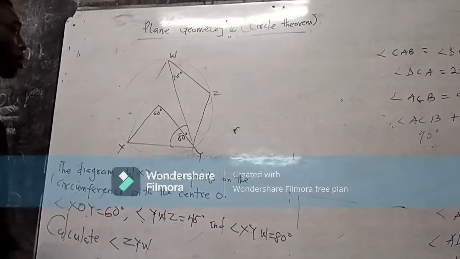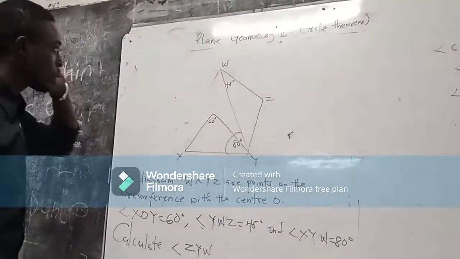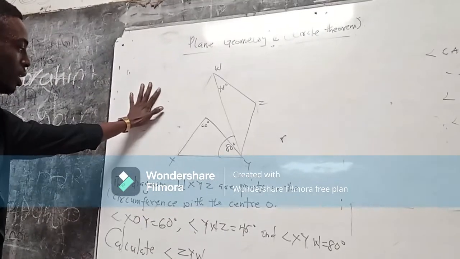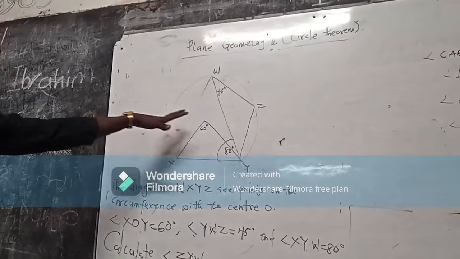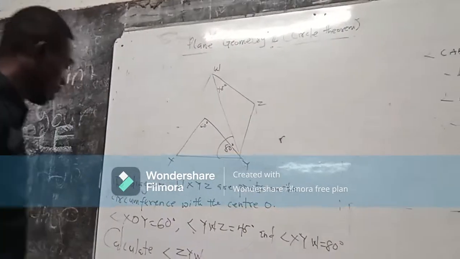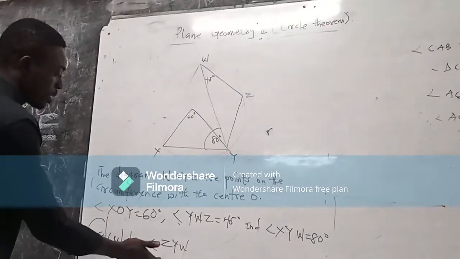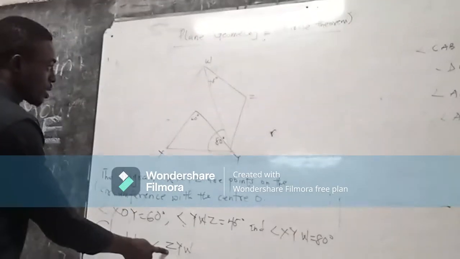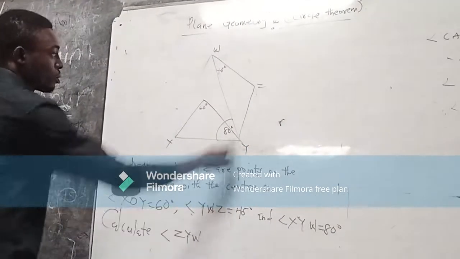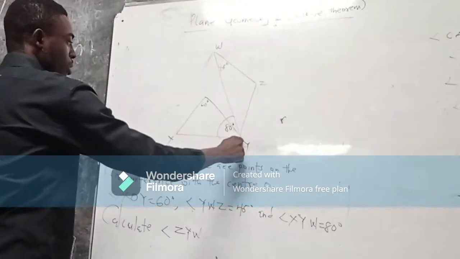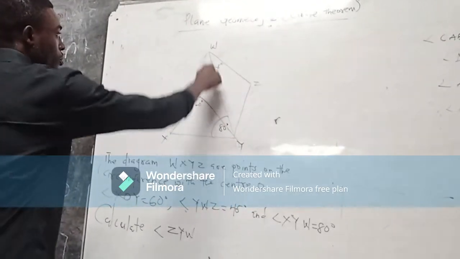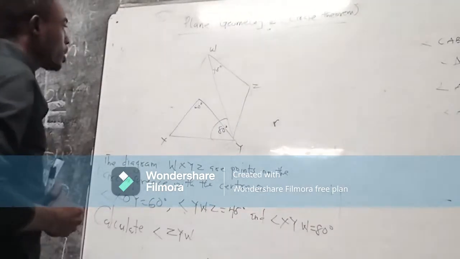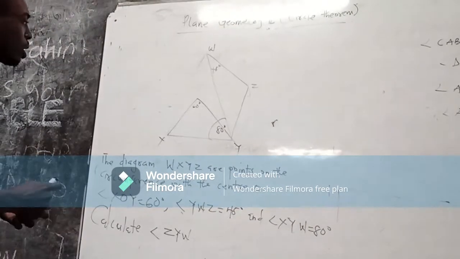Alright, so we have this question also. We are given this and they ask us to find Z, Y, W. Okay, let's try.